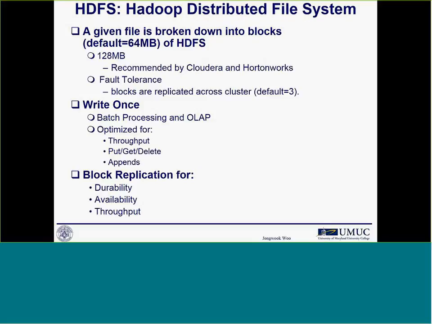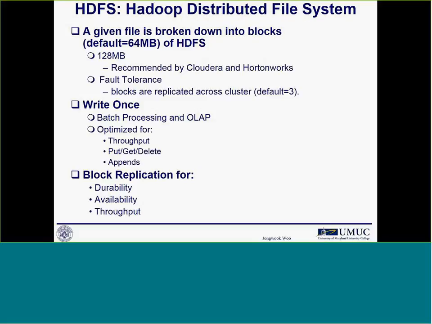And also, the Hadoop file system is a write-once system. It means that you can write once, but you cannot modify or insert into the file. Okay? So it is basically for batch processing and mostly for analysis, online analytical processing. It is not for transactions. Simply, this is a file system, and a file system is mostly for data analysis, not for transactions. It is also optimized for throughput because it is a parallel system.